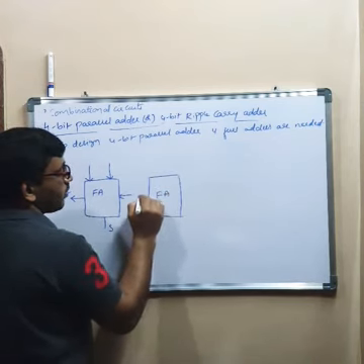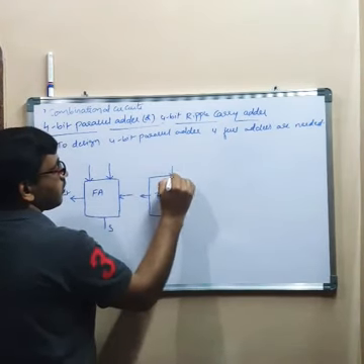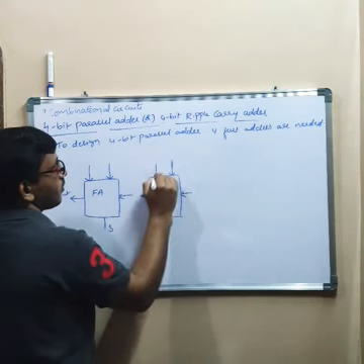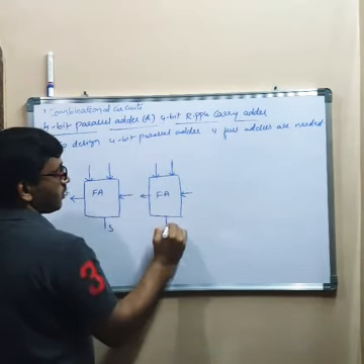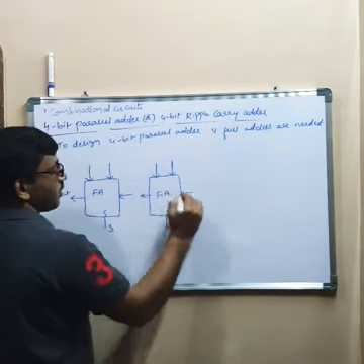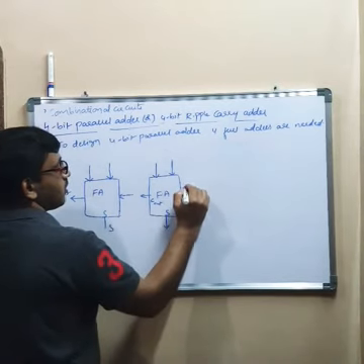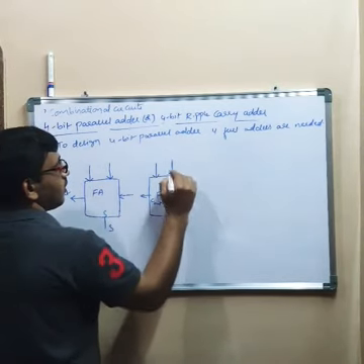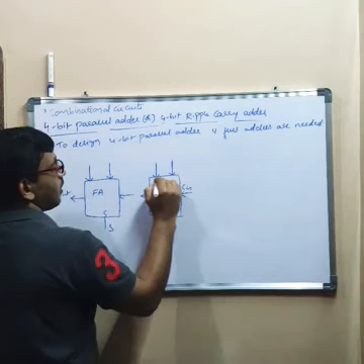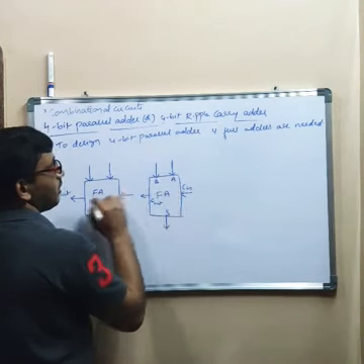Full adder, 1 output, 3 inputs, some output. S, C out, this is C in, this is A, B bits.